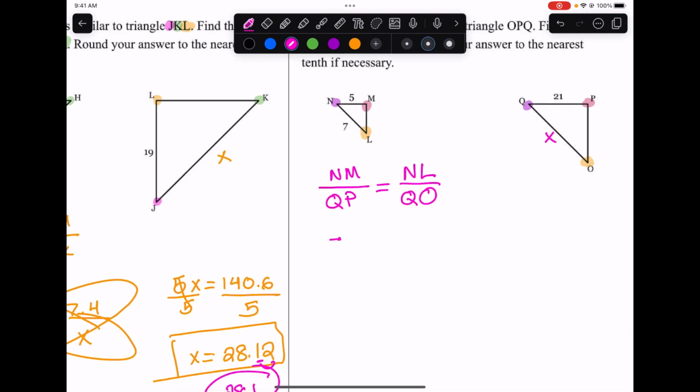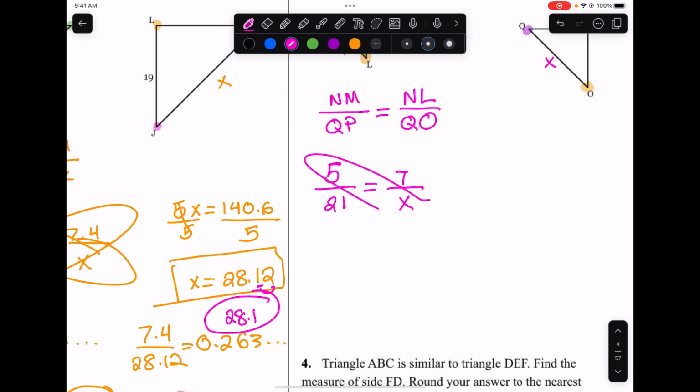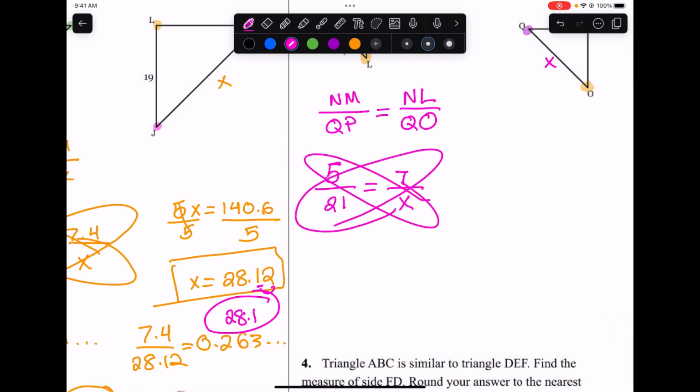So we have 5 over 21 is equal to 7 over x. Cross multiply. 5x is equal to 147. Divide by 5 to get x is equal to 29.4.